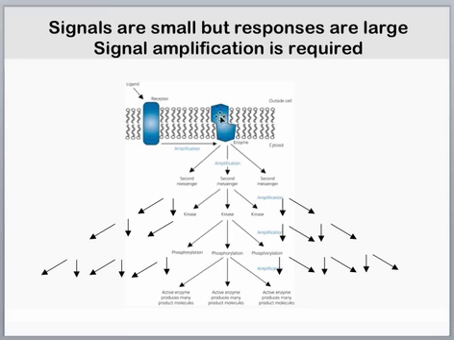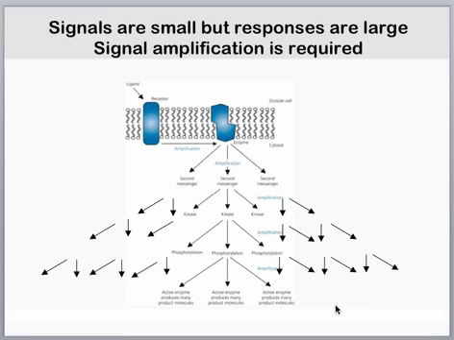Each activated enzyme will then convert many ATP to cyclic AMP, so you get many thousands-fold amplification of this signal through the generation of many copies of cyclic AMP, which can then activate many protein kinases. Protein kinases, we'll discuss later on, will phosphorylate a bunch of molecules, producing a large phenotypic change within that cell.